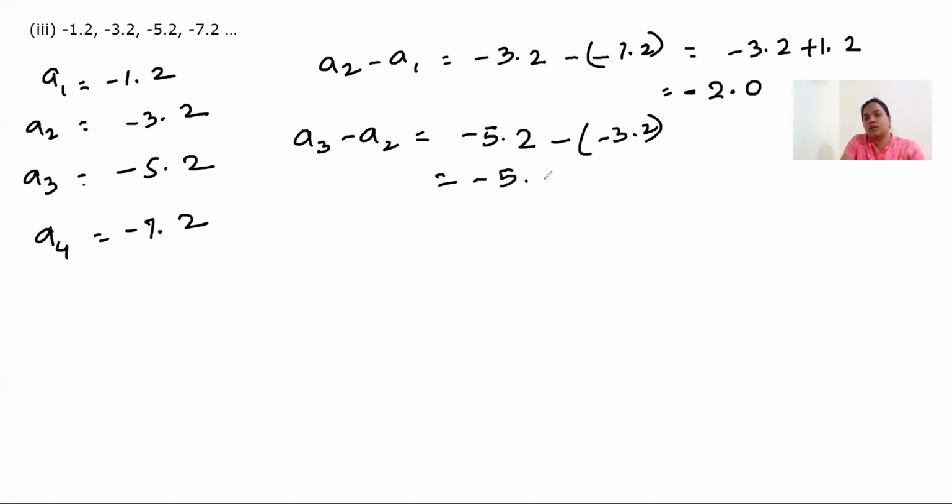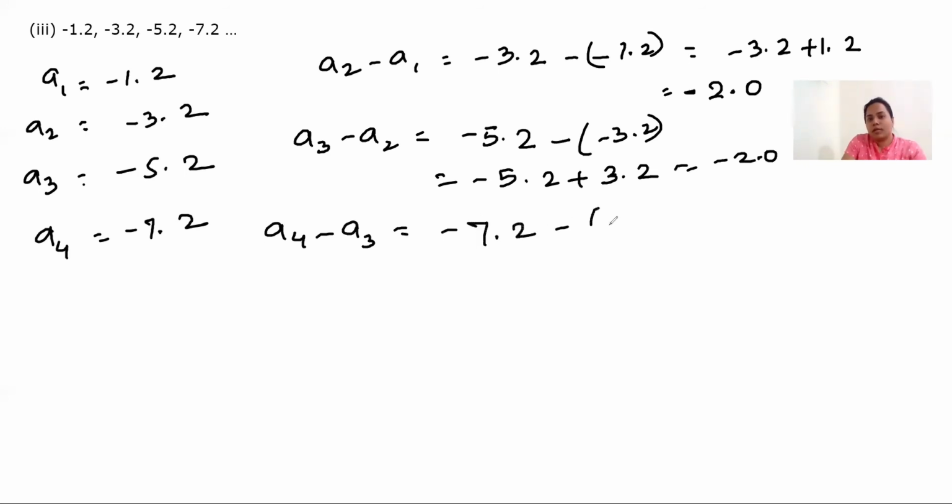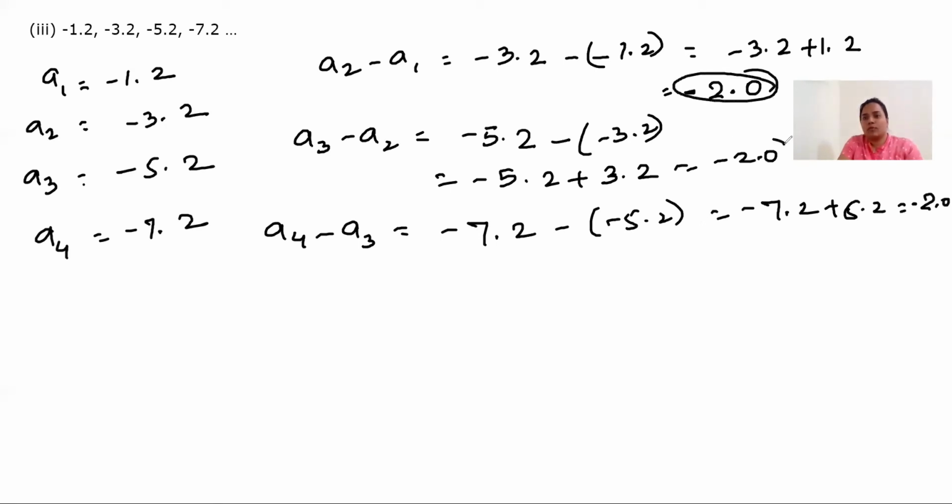Again we will get minus 2.0. A4 minus A3 is minus 7.2 minus minus 5.2, minus 7.2 plus 5.2, that is equal to minus 2.0. So we are getting the common difference. The difference is same in all the cases.